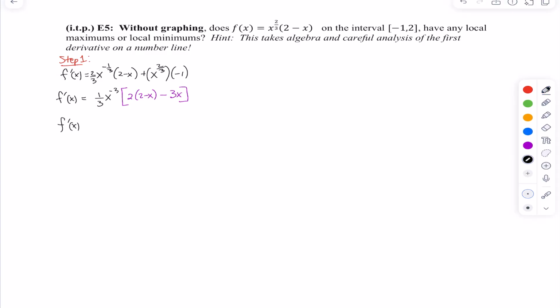In this particular example, there is a numerator and a denominator. Let's indicate that. And we're ready to find type 1 and type 2 critical numbers.